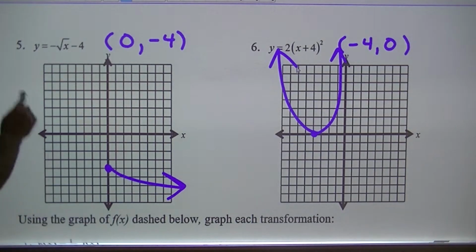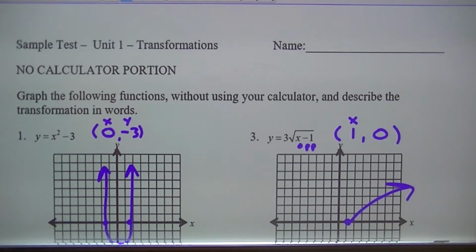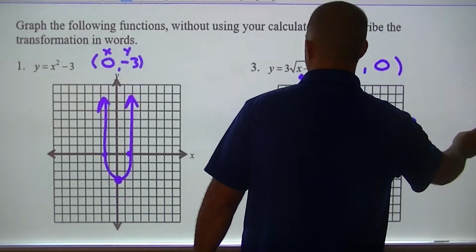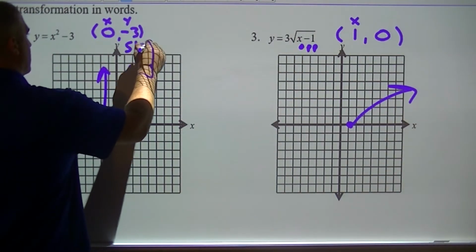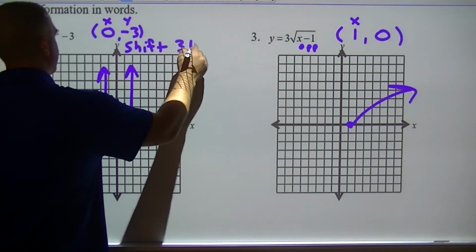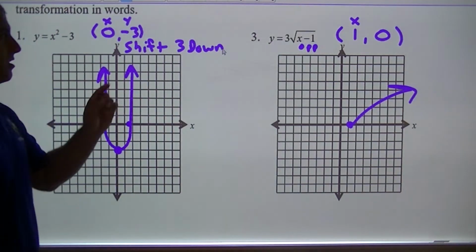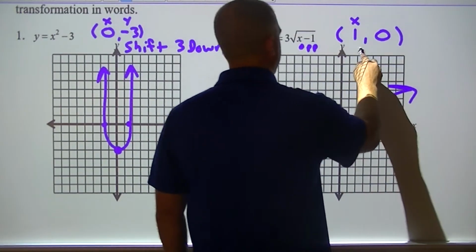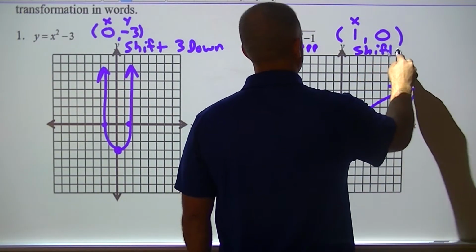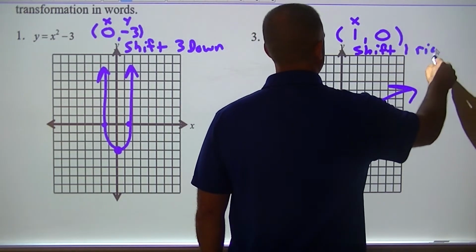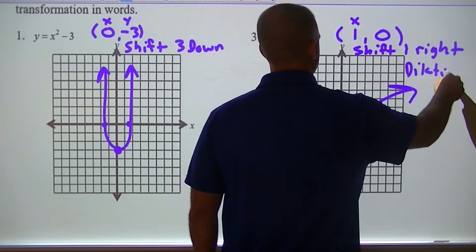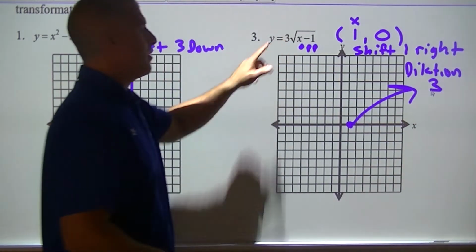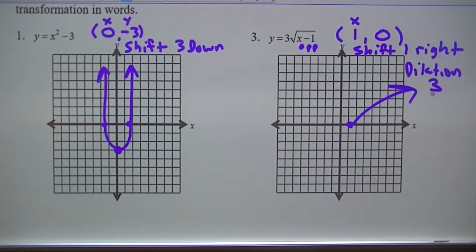Now let's talk about the transformations here real quick. The way you would write this is a shift 3 down. That's all you did there. This one was a shift 1 right, and it's got a dilation of 3. So if there's a number bigger than 1 there, that has the dilation.